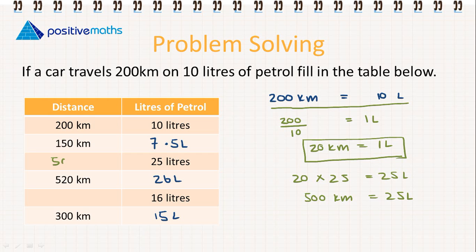And we'll fill that in here. And then the last piece of the table we need to fill in is for 16 litres. Again, we know 20 kilometres for 1 litre. Therefore 20 by 16 for 16 litres. So the car will travel 320 kilometres on 16 litres of petrol.